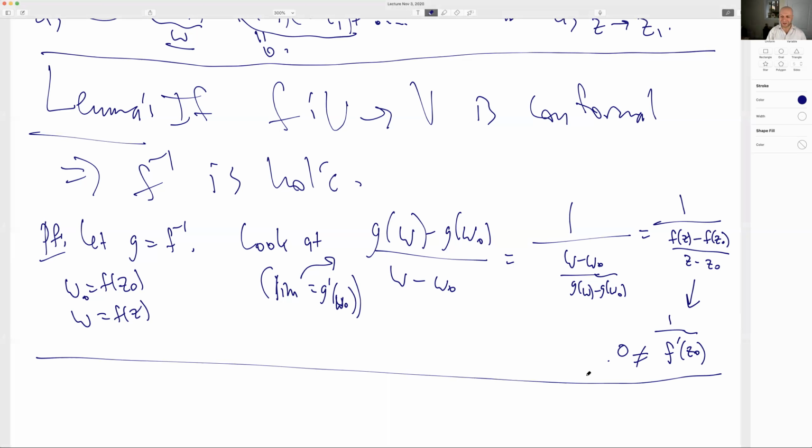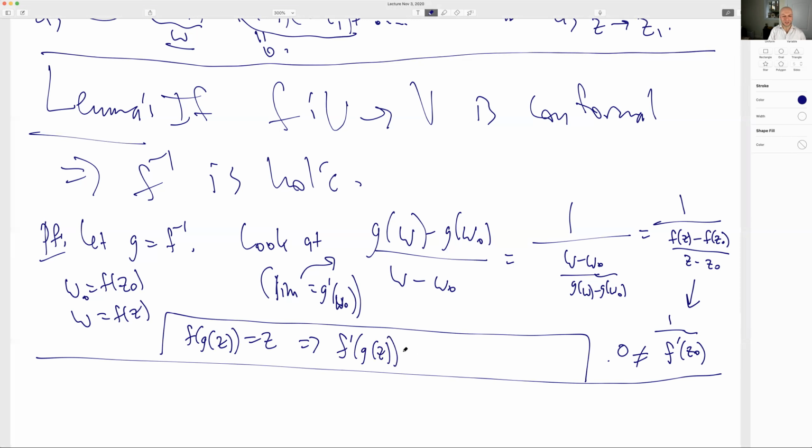You could sort of think about this as high school. If you have this, then you differentiate both sides. So you have the derivative of f of g of z, chain rule, times g prime of z equals 1.